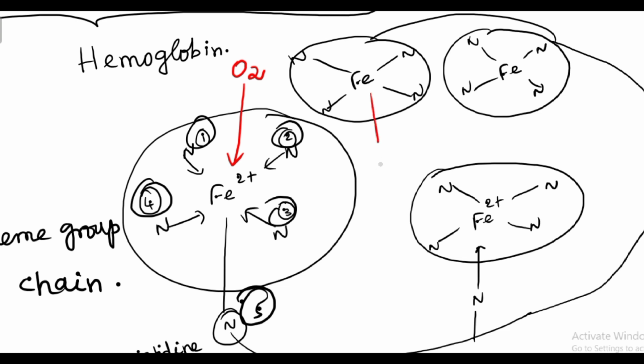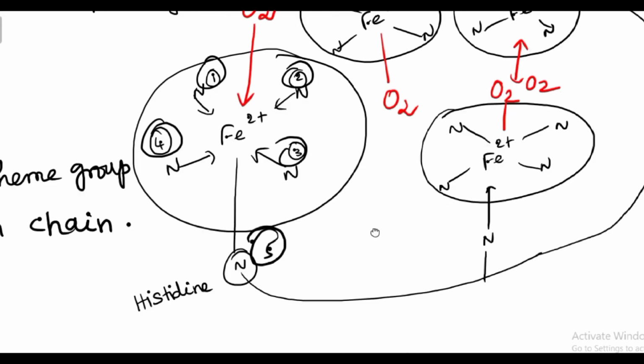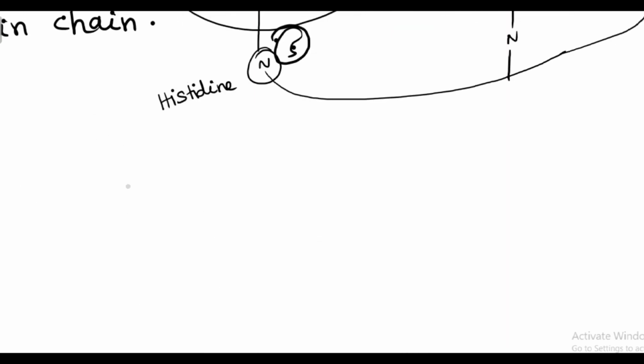During respiration, whenever the hemoglobin molecule in the bloodstream reaches the lungs, the blood containing hemoglobin will automatically receive the oxygen molecule.